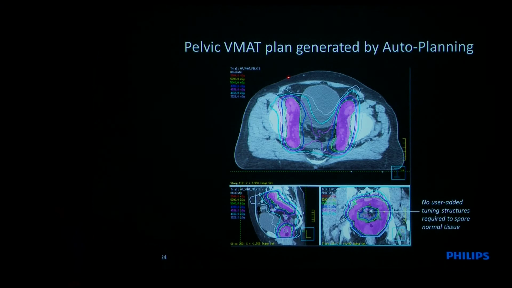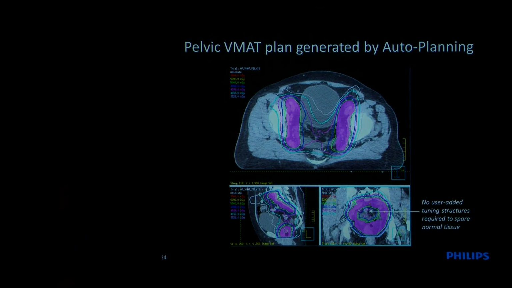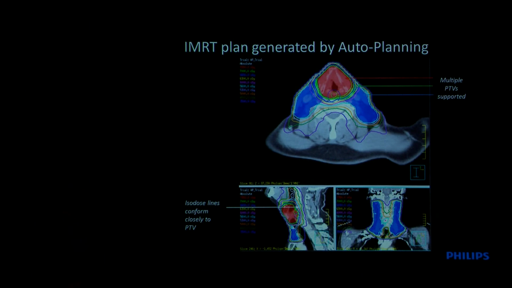It's an example of auto planning in a pelvic case, really truly based only on the clinical goals, a very small list of clinical goals. No user added structures were added for optimizing this plan. Again, for a head and neck case, and I have much more complex cases than this that auto planning has done, multiple PTVs are supported, so multiple targets are supported in auto planning.